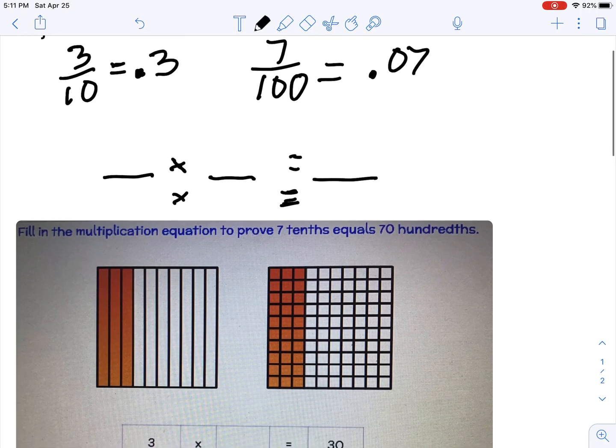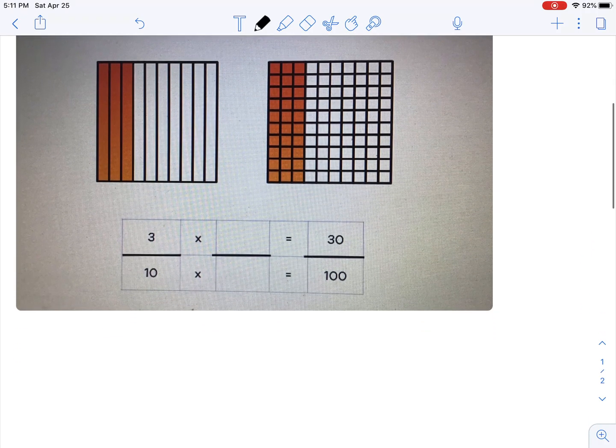And so what we're going to do is, this is actually more of a review, but let's go down here because we're going to use area models to help.